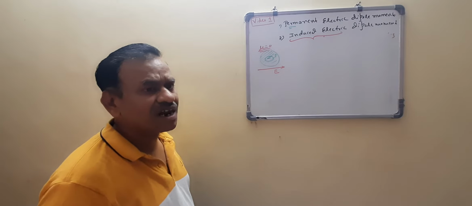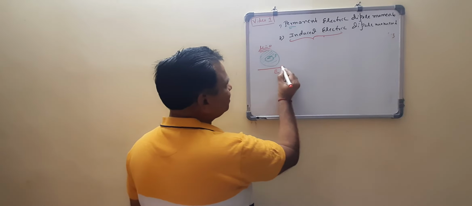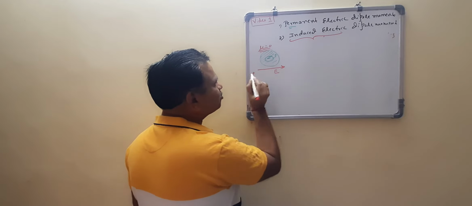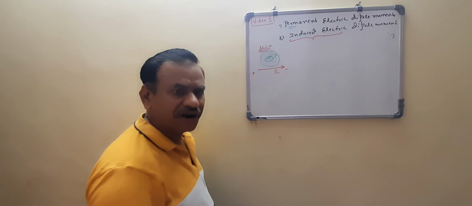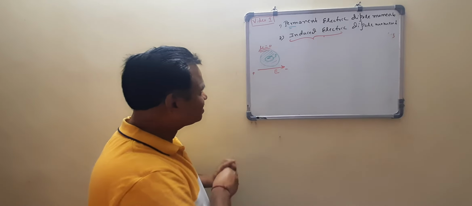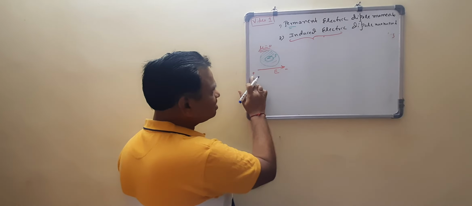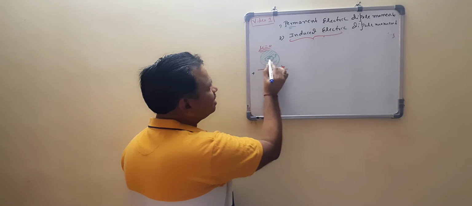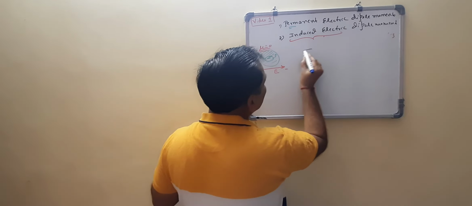When such a substance is subjected to an external electric field, this is the direction of the electric field, students. Here it is positive and here it is negative. Because of this applied external electric field, the positive is attracted by the negative charge.